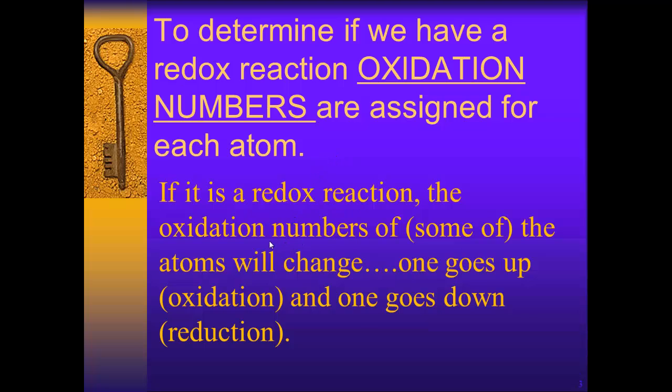Once we assign oxidation numbers, if we have a redox reaction, some of the oxidation numbers are going to change from the reactant side to the product side. We always have oxidation, meaning the oxidation number increases, paired with reduction. We'll get more into that after we learn how to assign the oxidation numbers.